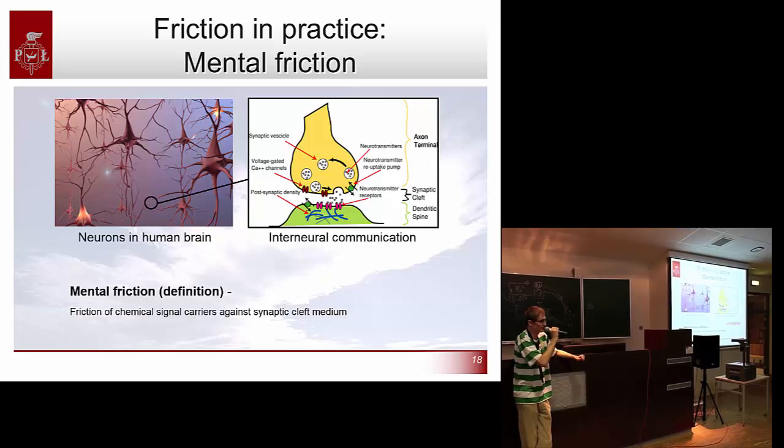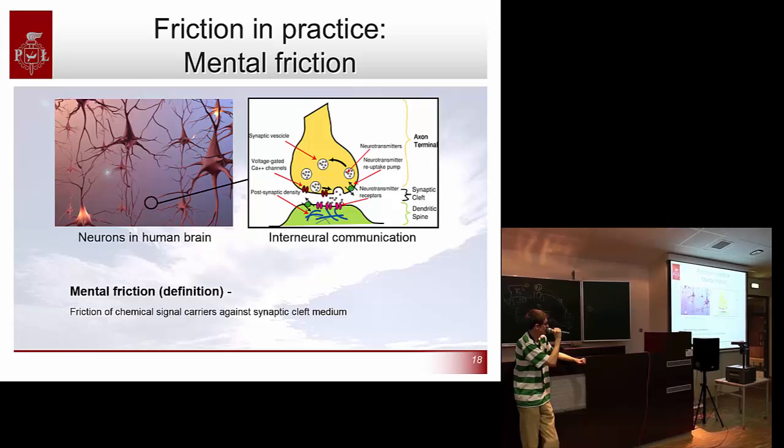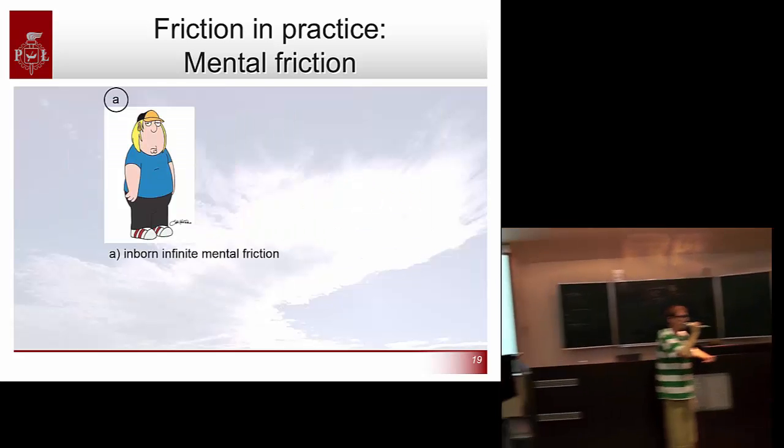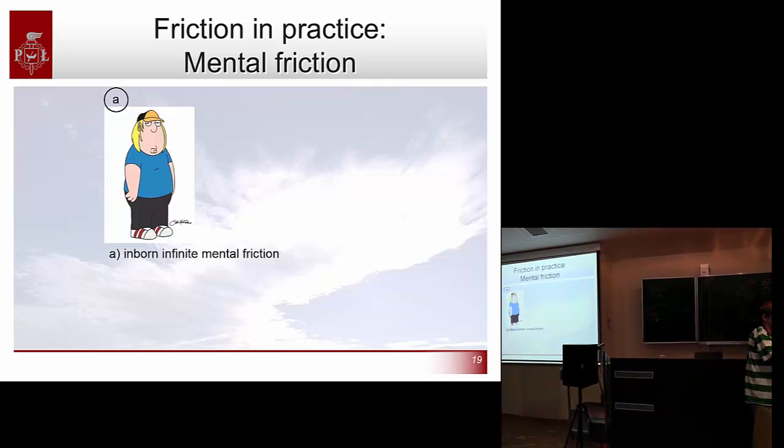When we talk about mental friction, there is a different side effect. The side effect of mental friction is a face expression. The picture you can see is a typical face expression of a person born with mental friction tending to infinity.